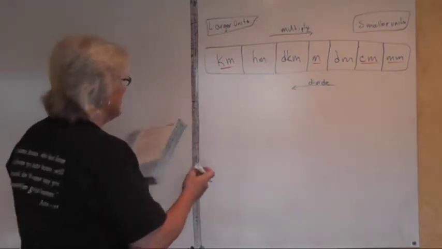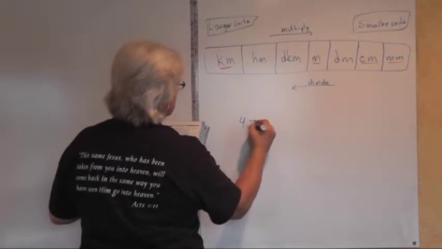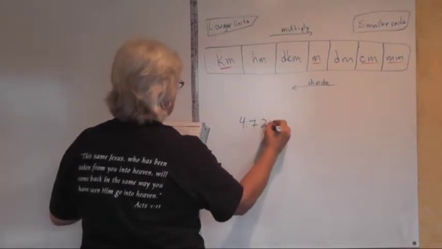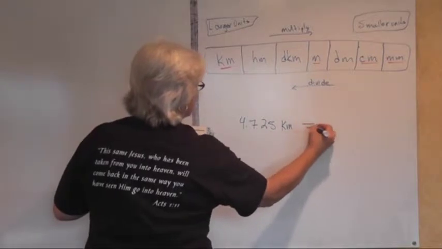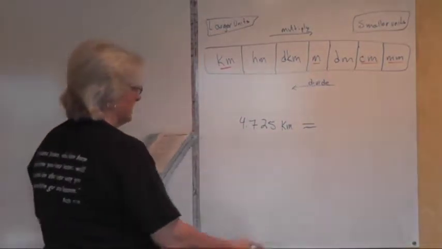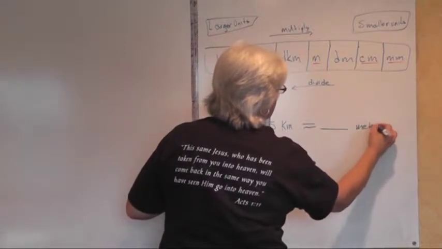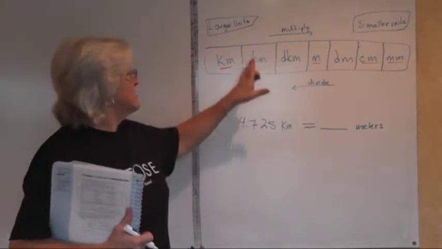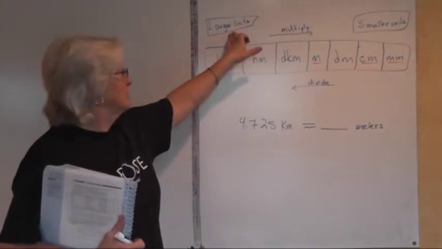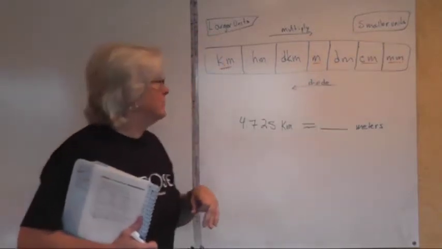Example 1 says, write the missing number. 4.725 kilometers is equal to how many meters? What does our chart say? Our chart says if we're moving from larger units to smaller units, we're going to multiply.